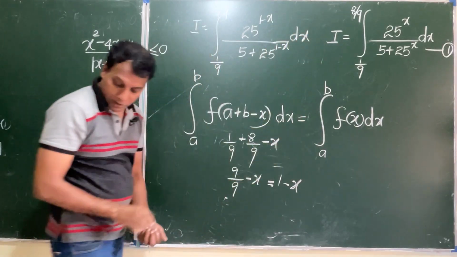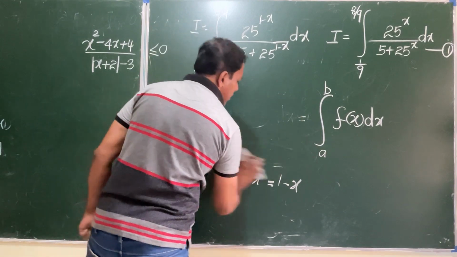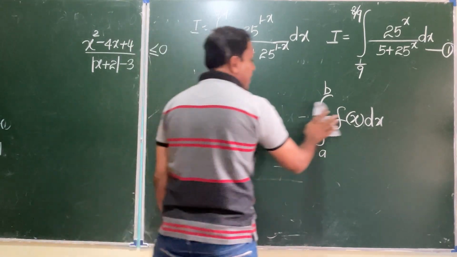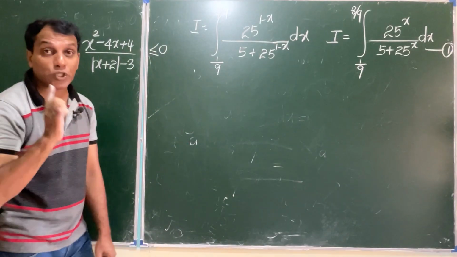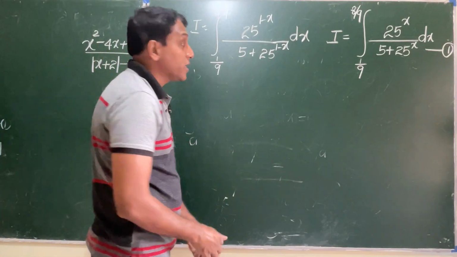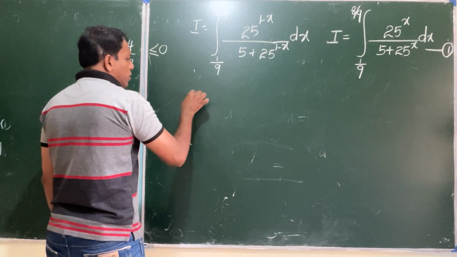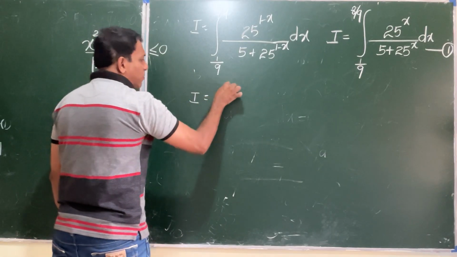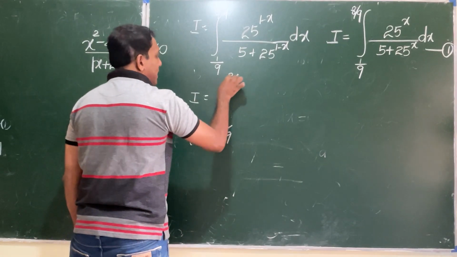Now we continue this process, simplify and try to evaluate the answer. You know this definite integration has a unique solution, a numerical constant answer. We use indices rules, learned in primary class mathematics.